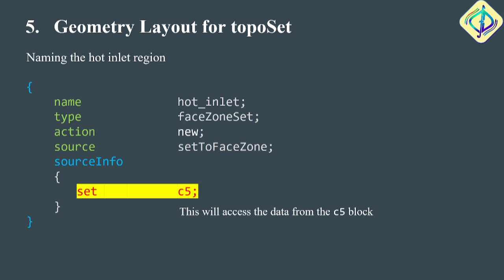So there are a few differences when you're specifying a cell or a volume and when you're specifying a face. Again, source info will access everything that you have set under the name C5. If you've labeled it as, say, C4 or C3, you can use that keyword over here.